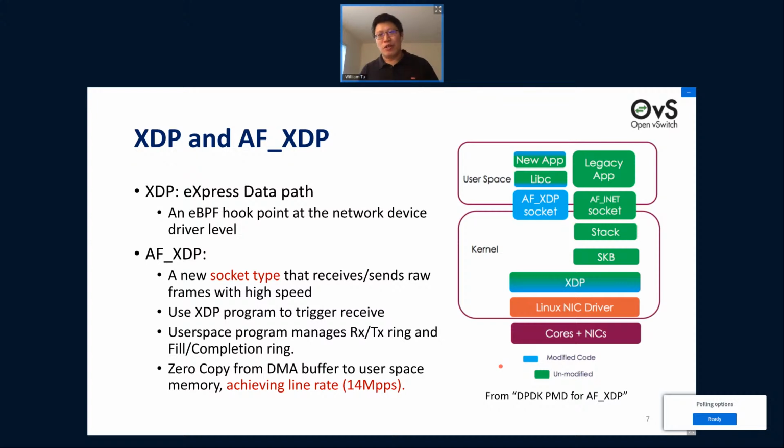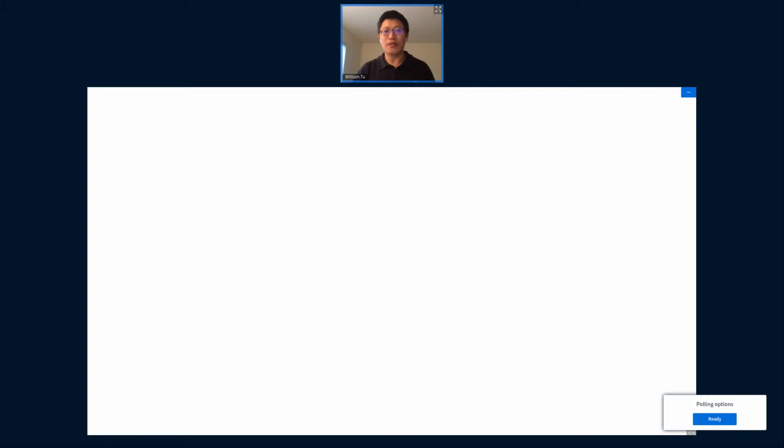You can write an XDP program, have your selective logic, and then send the packet to this socket, so that the kernel is bypassed. With the vendor's driver support, like zero copy support, you can get very good performance, close to the line rate of 10 gig or 25 gig.